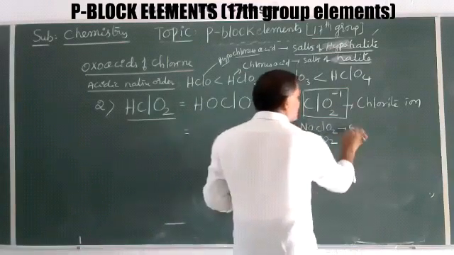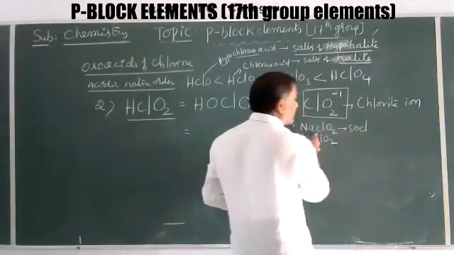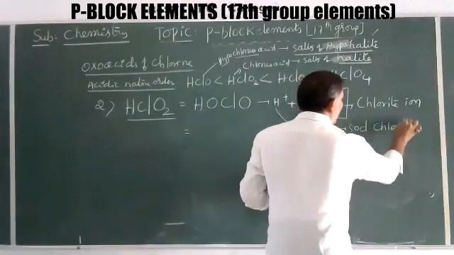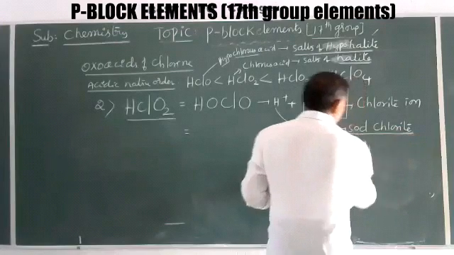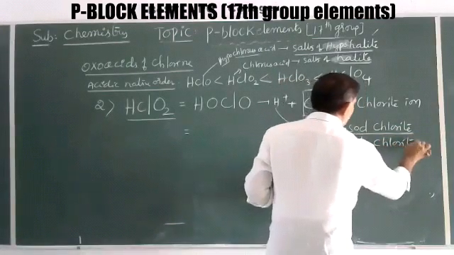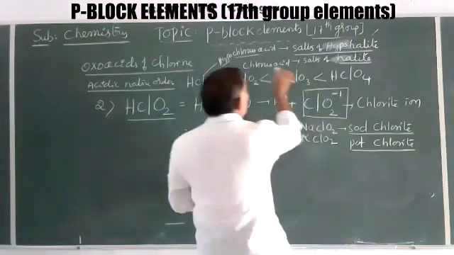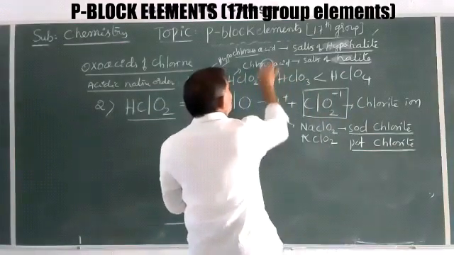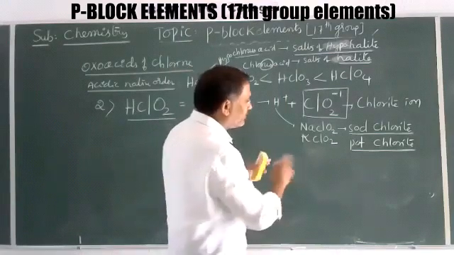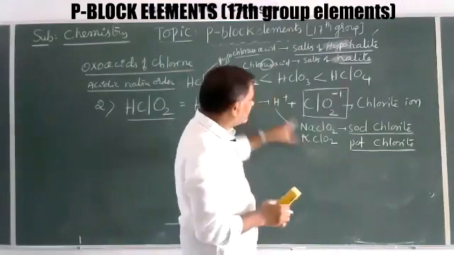It is called sodium chlorite, don't use hypo. It is potassium chlorite like this. Because OUS acids give ITE salts. Sodium, potassium chlorite.